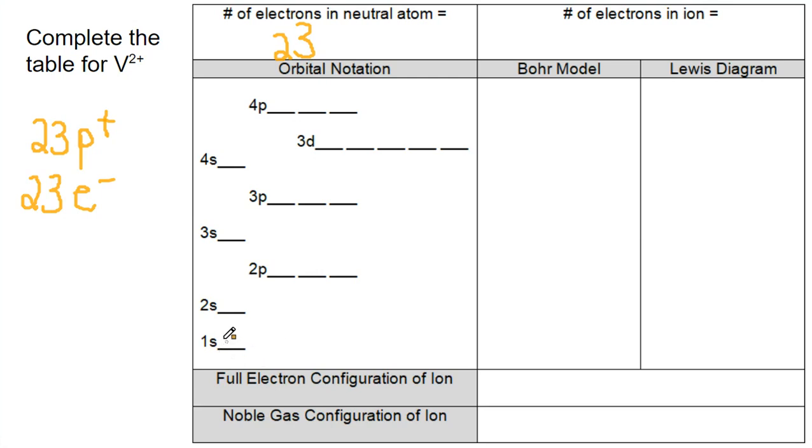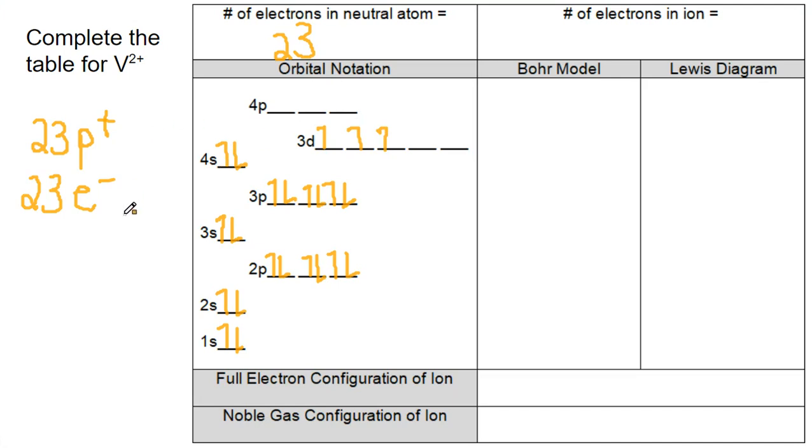Okay, so 23 arrows following our 3 rules. 1, 2, 3, 4, 5, 6, 7, 8, 9, 10, 11, 12, 13, 14, 15, 16, 17, 18, 19, 20, 21, 22, 23.